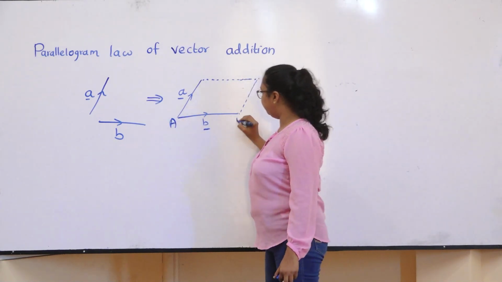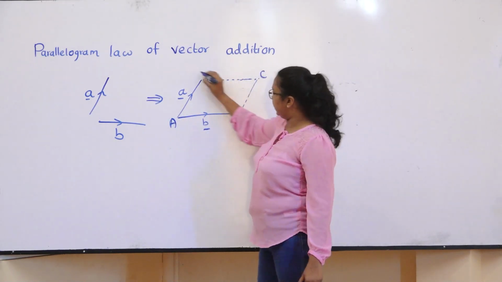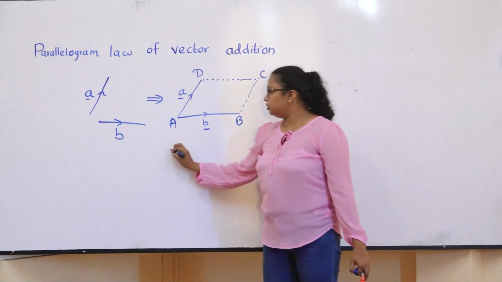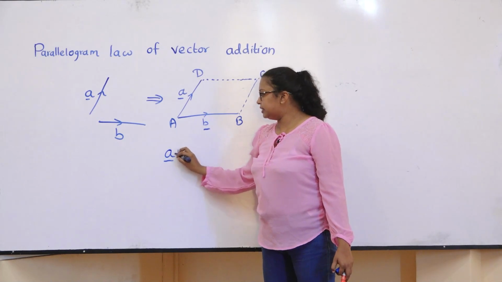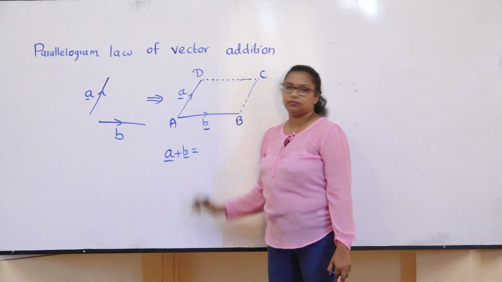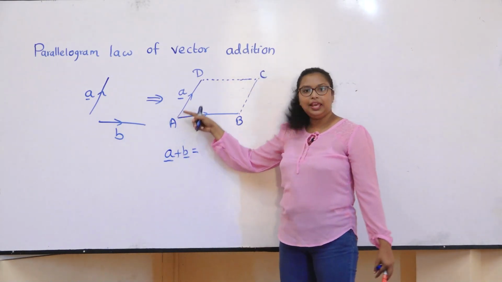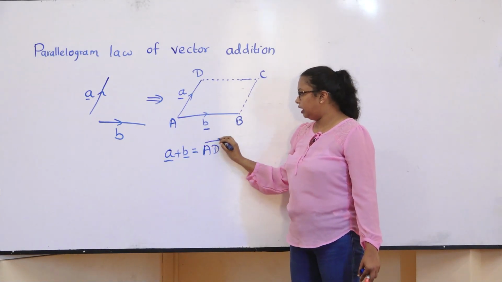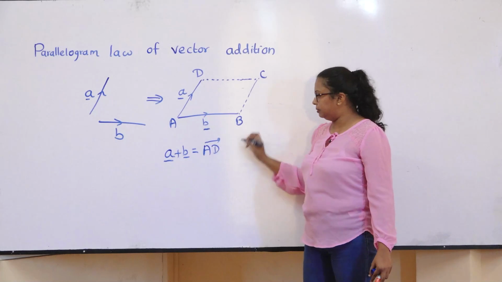I will name it A, B, C, D. So now vector A plus vector B means what? Vector A means AD. Vector B, AB.